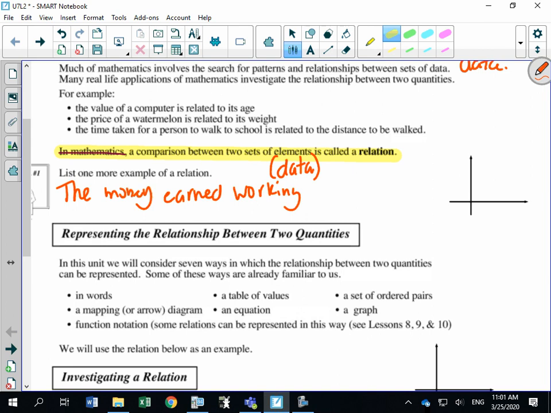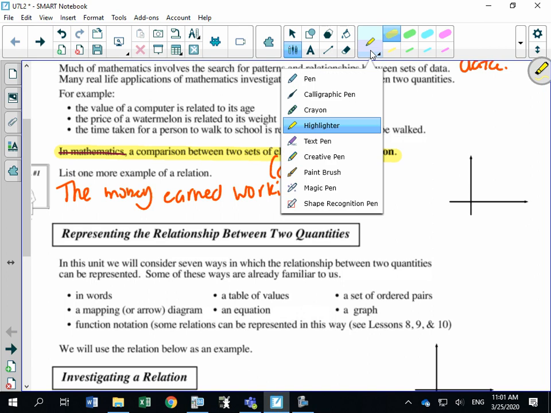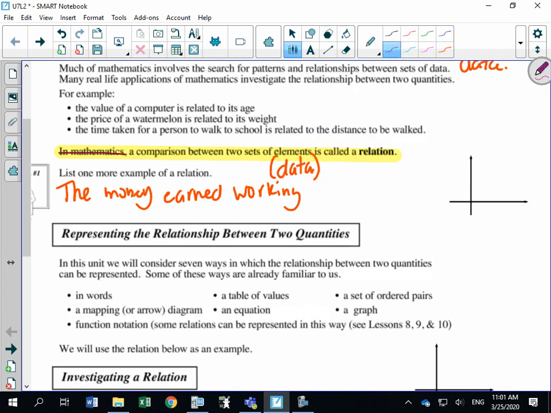How much you get paid is related to what? So the money earned working is related to the number of hours worked. That would be a relation.